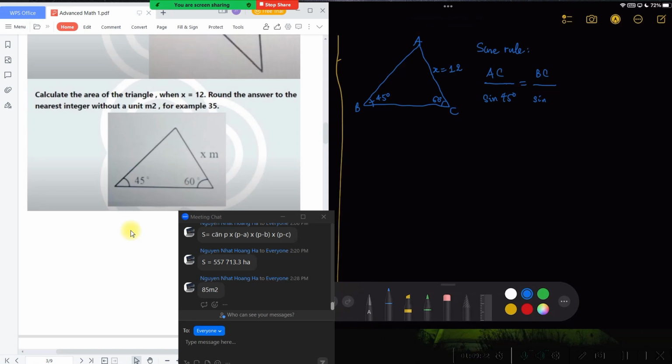How much is it? 180 minus 60 is 120. 120 minus 45, it's going to be 75, right? So sine 75 degree equal to AB divided by sine 60.